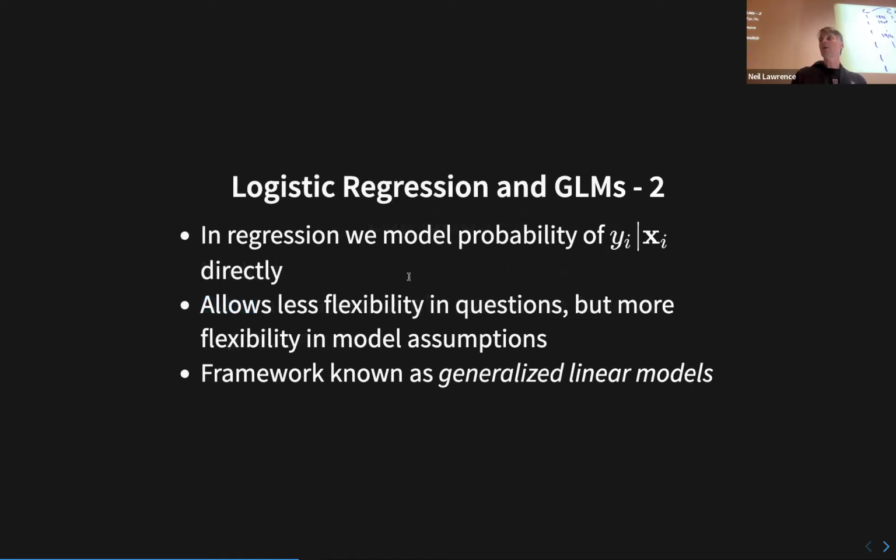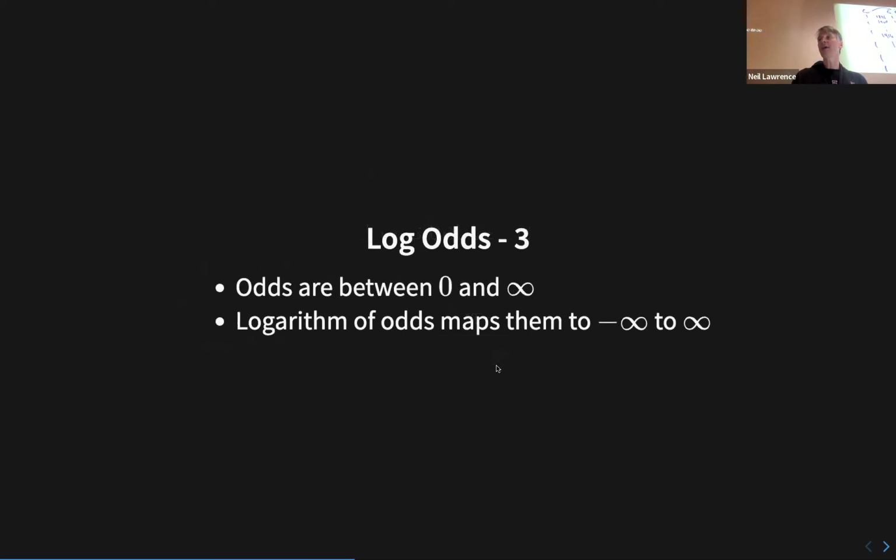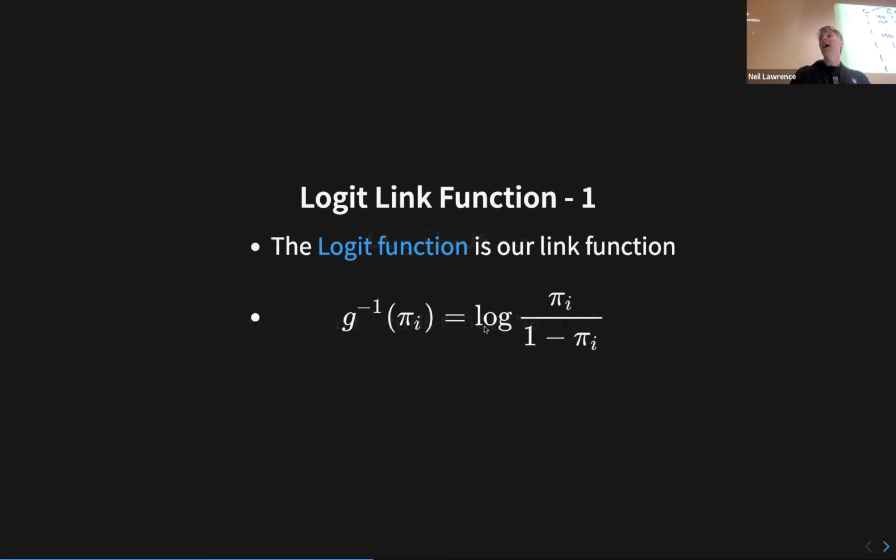So what we do is take the probability, and instead of modeling it directly, we look at the odds, the probability of purchase occurring over the probability of purchase not occurring. And then we take the logarithm to map those between minus infinity and infinity. And then we end up with the logit function. In generalized linear models, this is known as a link function.